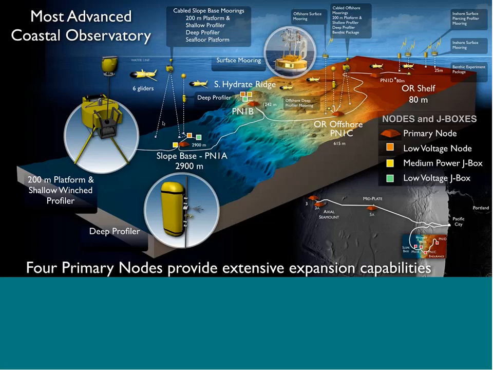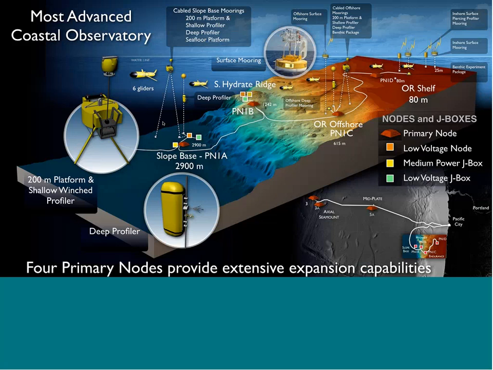It's a little bit of an eye candy chart, but I like it because it shows both the uncabled and cabled infrastructure that we have out there right now. Oregon State University, in collaboration with Woods Hole, operates the uncabled infrastructure, so there's a series of moorings that have seafloor expressions and transmit their data via satellite, and then also the instruments are recovered.